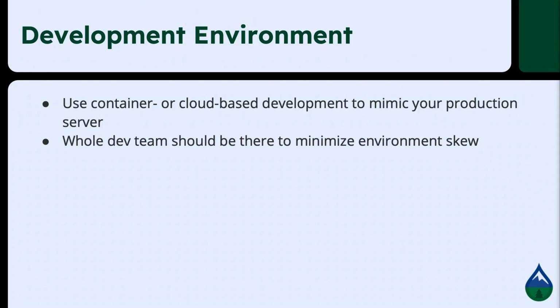One of the things I like to do with any team I work with is using a container or cloud-based development environment so that you're mimicking your server environment as much as possible. So the days of using WAMP and MAMP and all that stuff where you get what you get no longer cuts it, because you need to be using the same version of the database, the same version of PHP, Nginx versus Apache, things like that, so that if you're debugging, you are doing what the production server is doing.